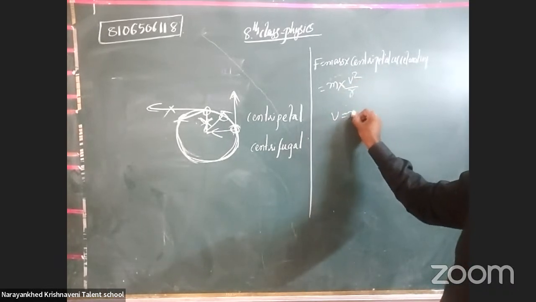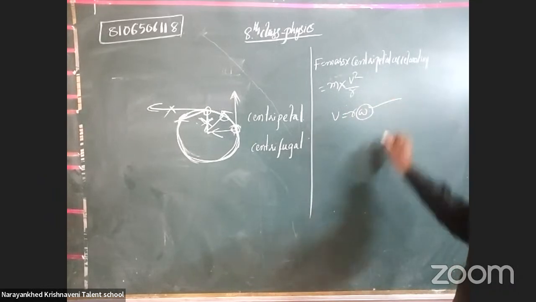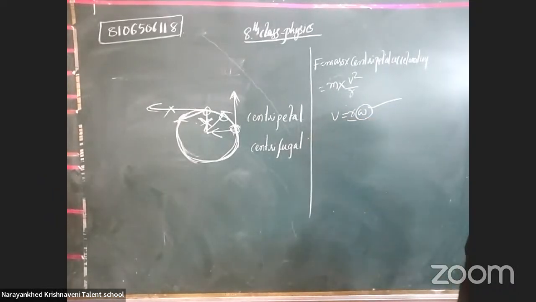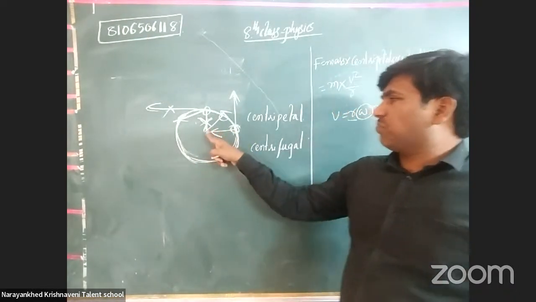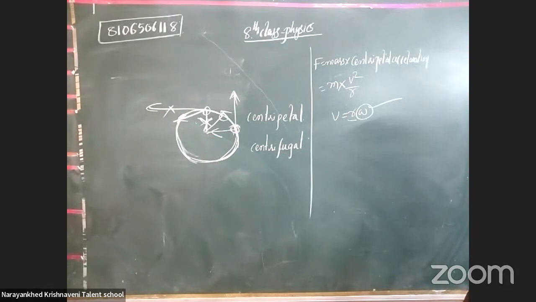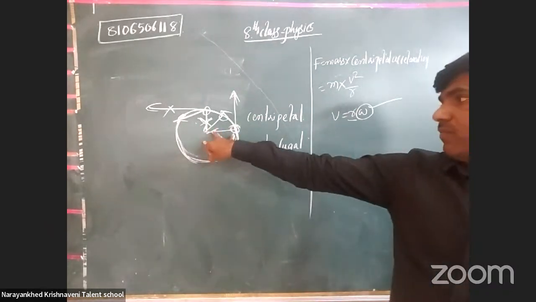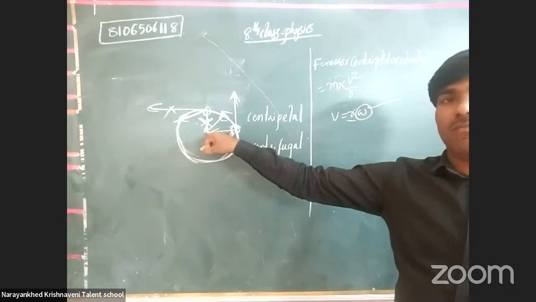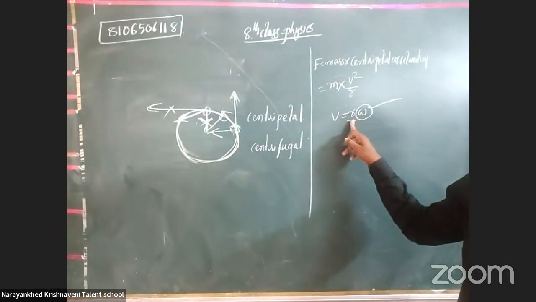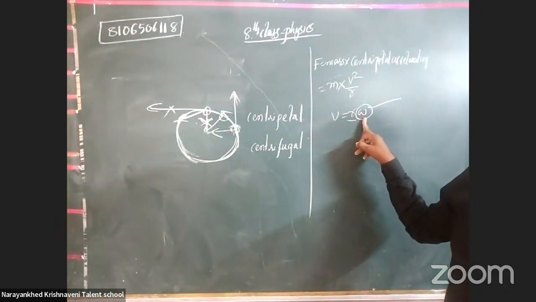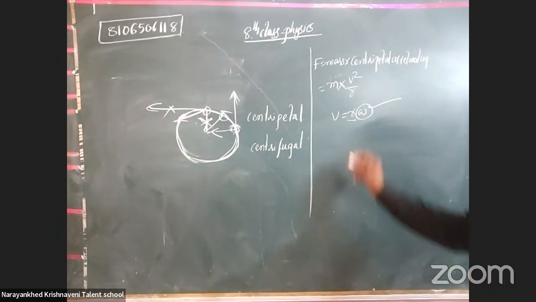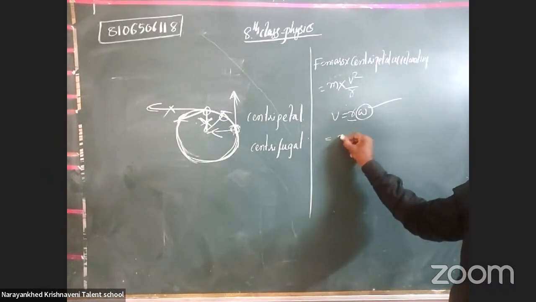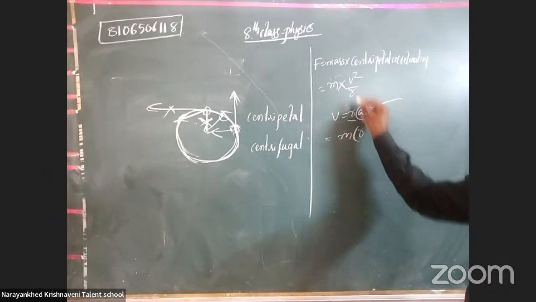Here, v is equal to r omega. R is the radius of this particular circular path, and omega is the angular velocity. Got it?